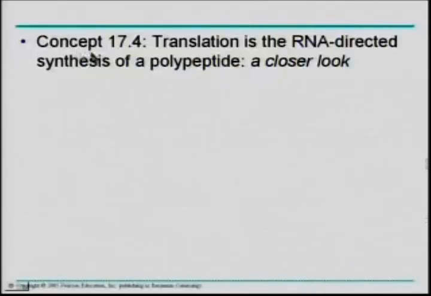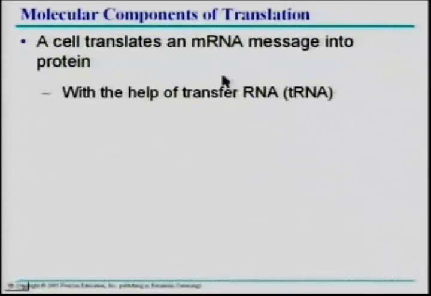So concept 17.4, translation, is the RNA-directed synthesis of a polypeptide. Let's take a closer look at that. So the molecular components of translation: a cell translates an mRNA message into protein with the help of transfer RNA.